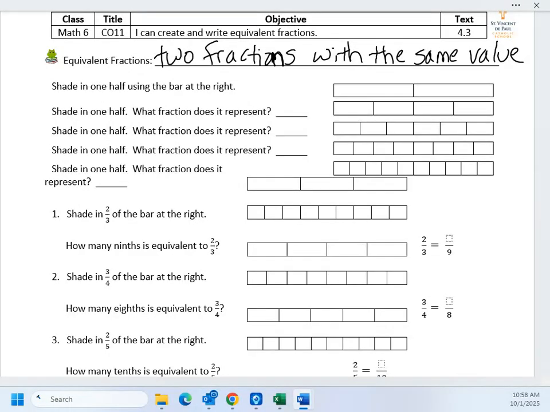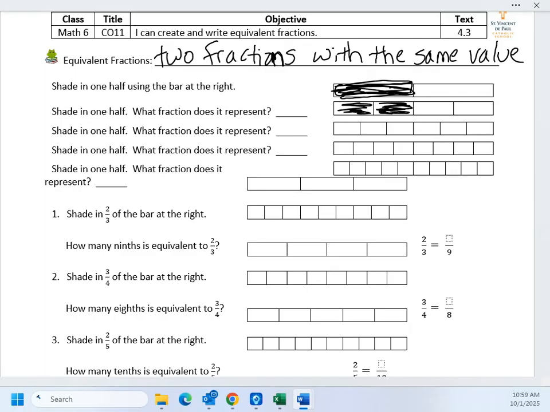It says shade in 1/2 using the bar at the right. So you're going to color in half of it. Now, we're still going to shade in 1/2 here. That's half of my bar.